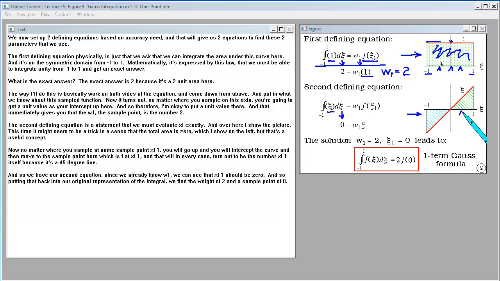Now, no matter where you sample, at some sample point xi1, you will go up and you'll intercept the curve, and then move to the sample point here, which is f at C1, and that will in every case turn out to be the number C1 itself, because it's a 45-degree line. And so we have our second equation. Since we already know W1, we can see that C1 should be 0. And so putting that back into our original representation of this integral, we find a weight of 2 and a sample point of 0.